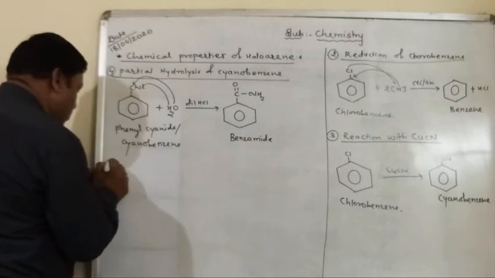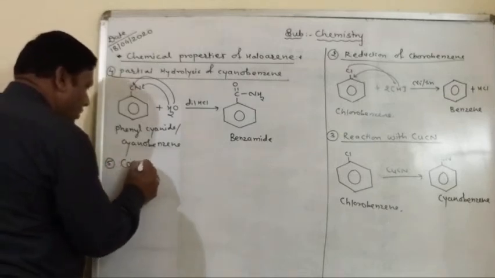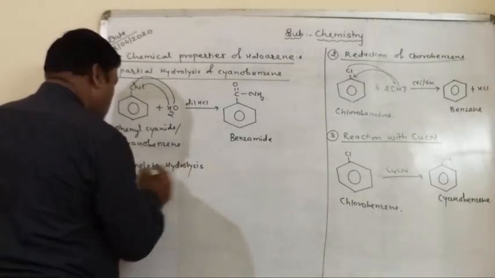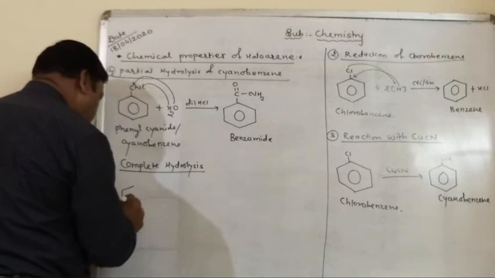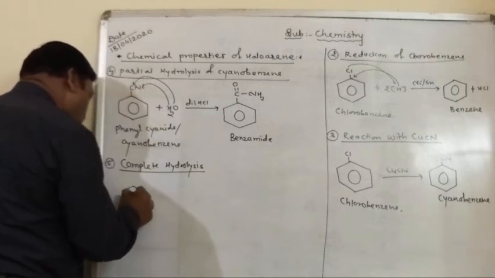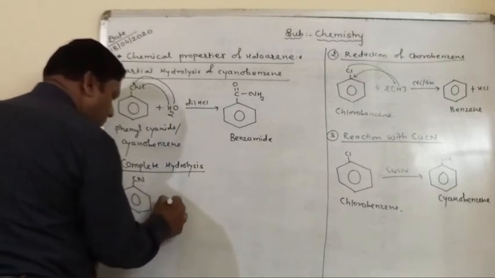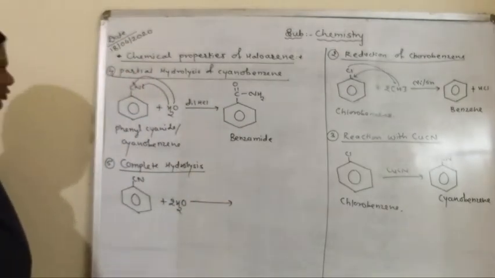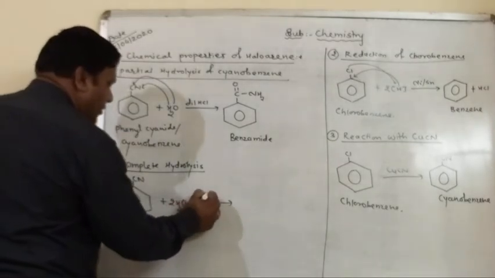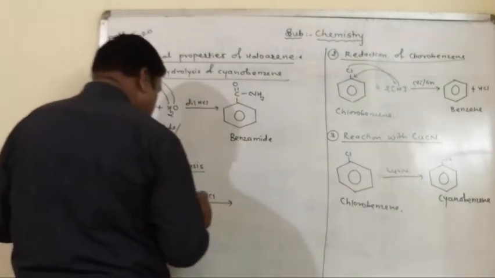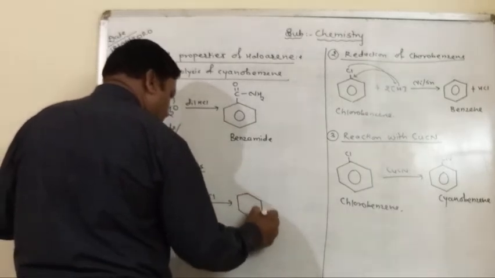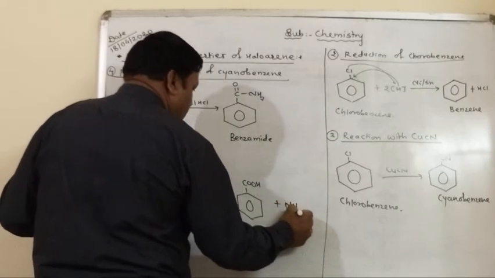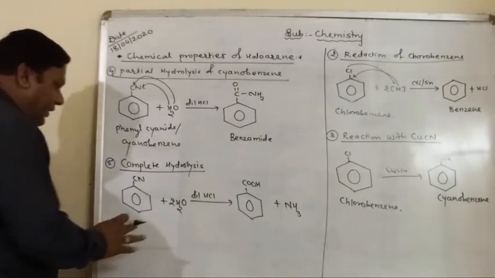Okay. Now complete hydrolysis. When this cyanobenzene undergoes complete hydrolysis with 2H2O using dilute HCl, we will get COOH and ammonia. How is it happening?